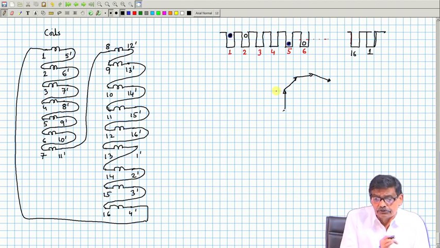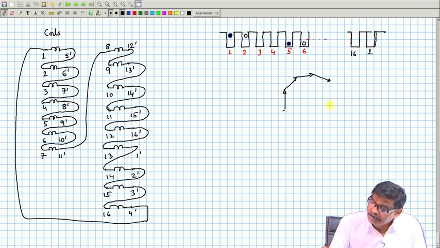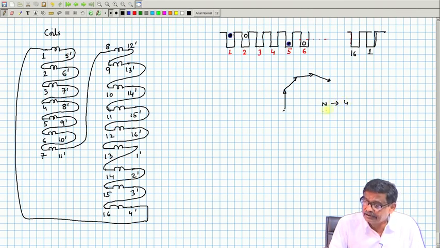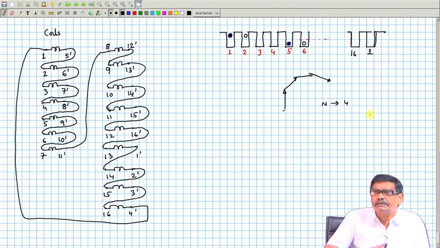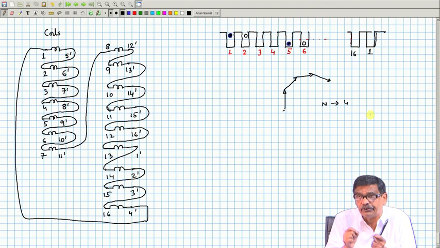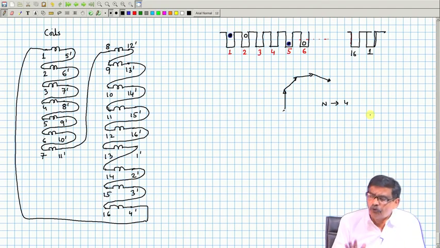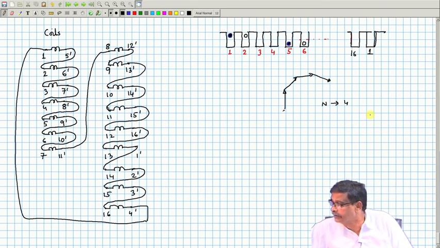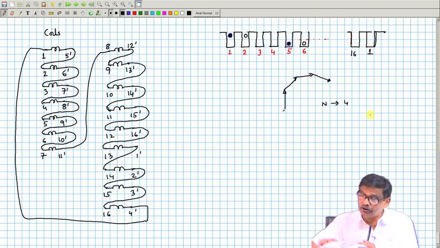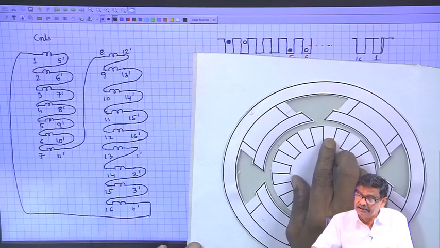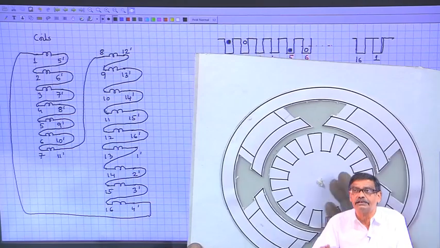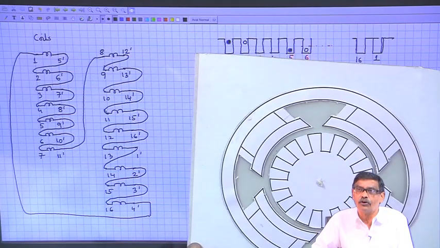Let us also try to see, I told you there are how many slots under the north pole: there will be 4 slots under the north pole, 4 slots under the south pole, and the machine will be running. At a given time, if you freeze, if you take a snapshot, it is expected that 4 slots will be under the influence of the north pole, and the next 4 slots under the influence of the south pole, and so on.